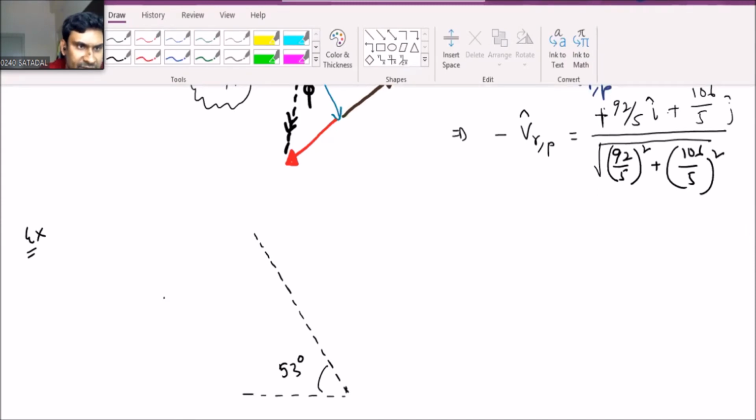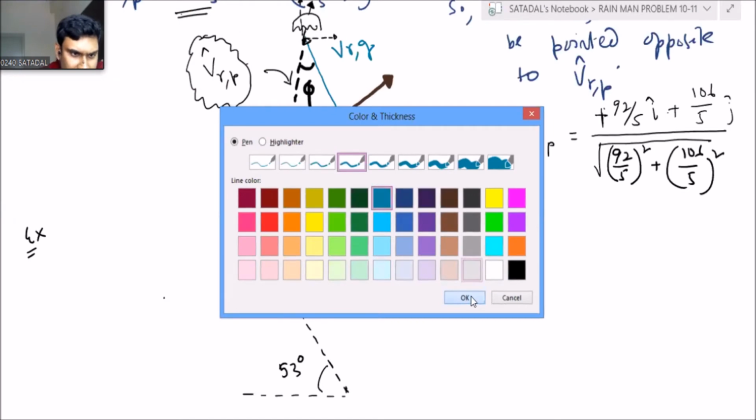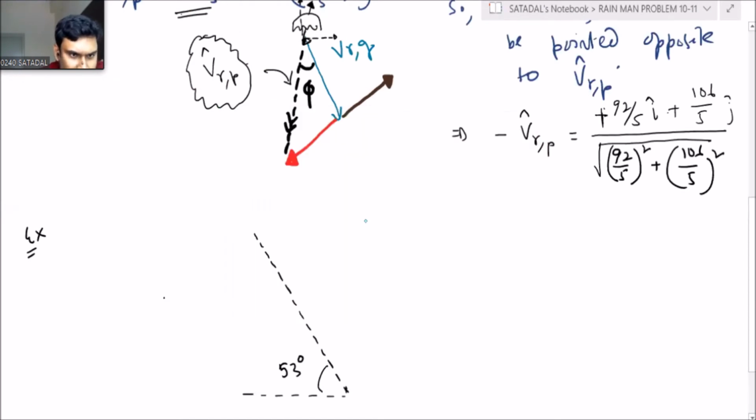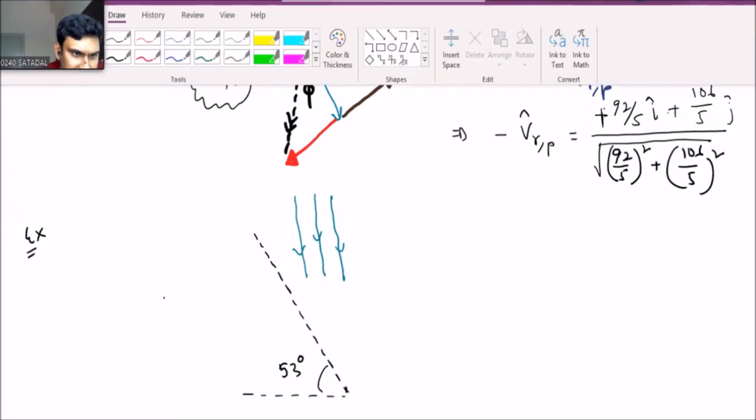Let it be 53 degree. Suppose water is falling like this. This is the rainfall direction.